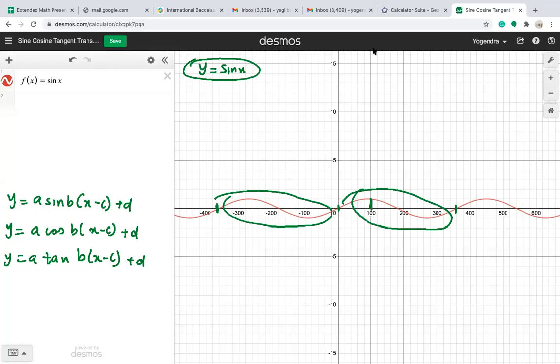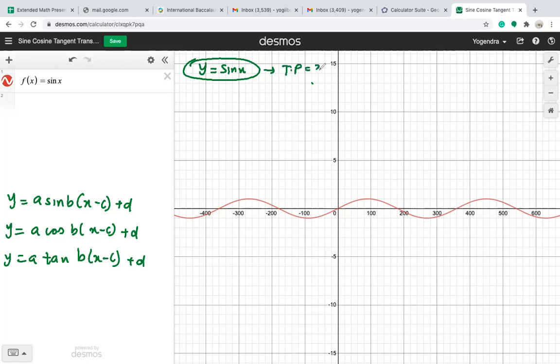This is the basic part of the sine and cos graphs, the time period. Both graphs have a time period of 360. Original amplitude is 1. The original range of the graph is -1 to 1, both inclusive. And the domain of sine x is, of course, x belongs to the real numbers.